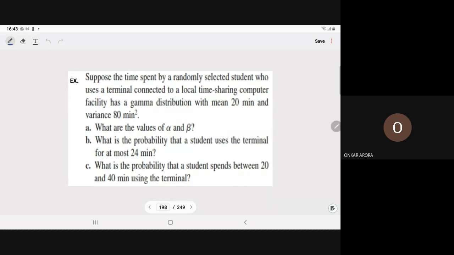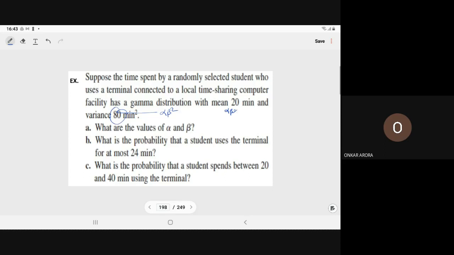So in this case, when the mean is given to you, it means it is alpha times beta, and when the variance is given to you, it means this is alpha beta squared. What are the values of alpha and beta? What is the probability that the student uses the terminal for at most 24 minutes, and what is the probability that the student spends between 20 and 40 minutes using the terminal?